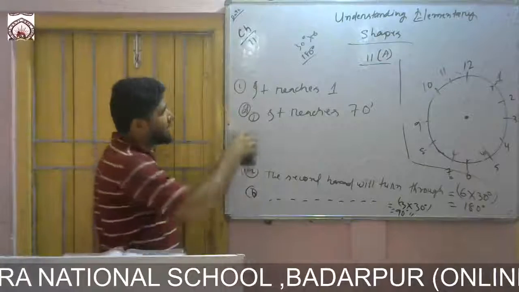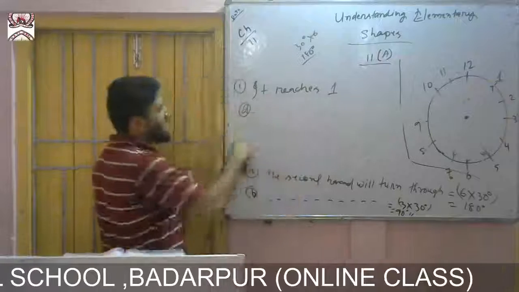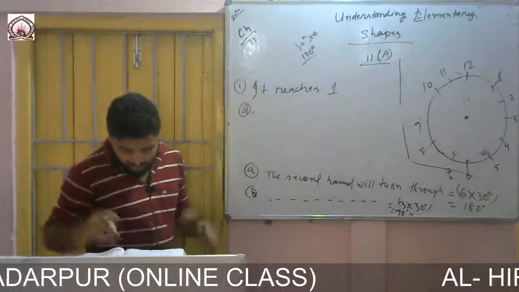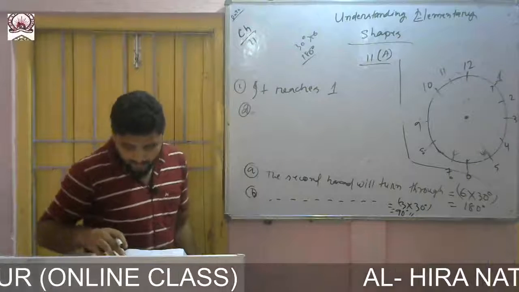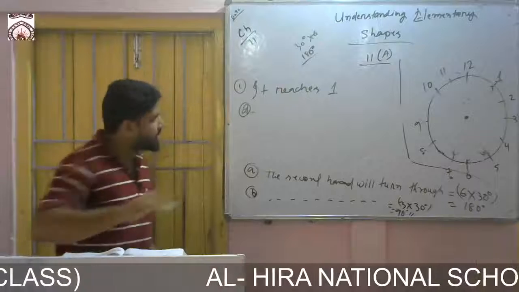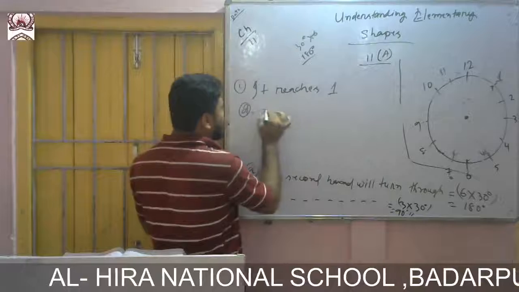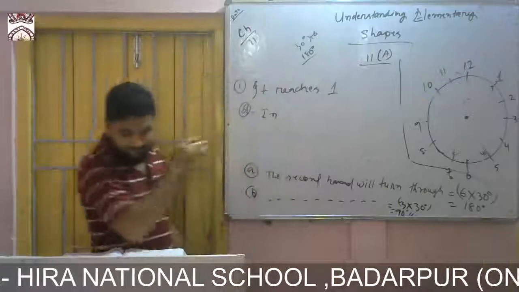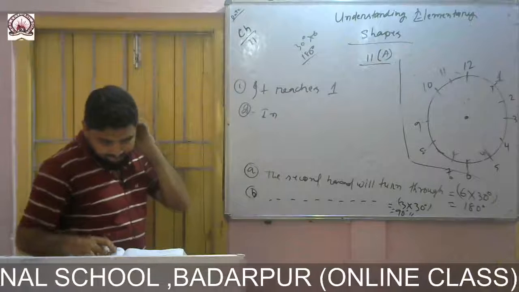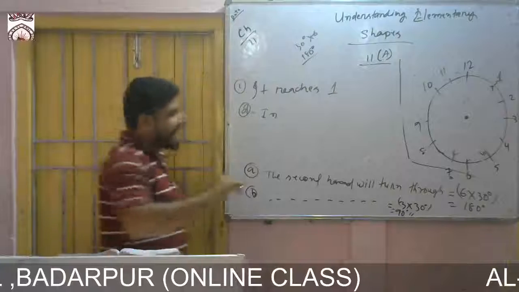Number 1, it reaches 1. Number 2 you can do like this. 6 Roman 1, you write like this, in 30 minutes.